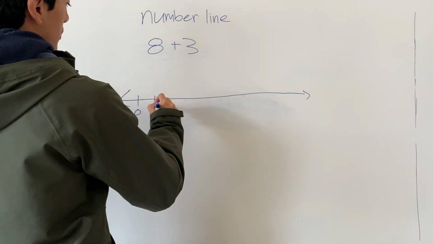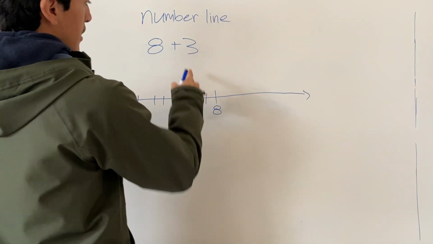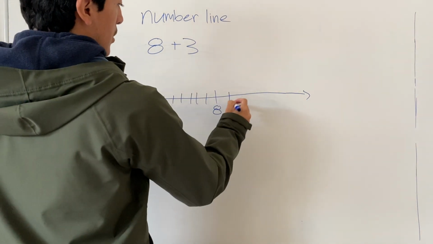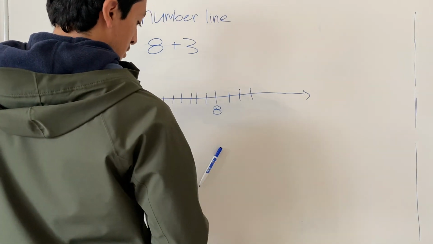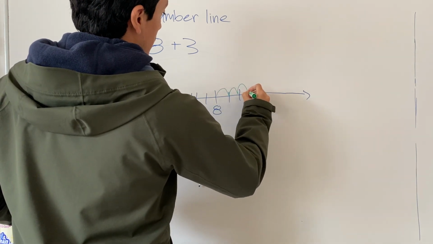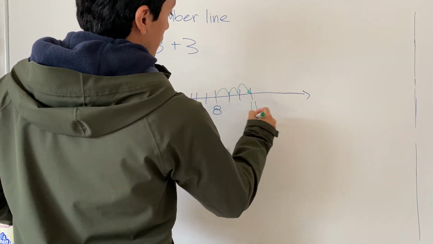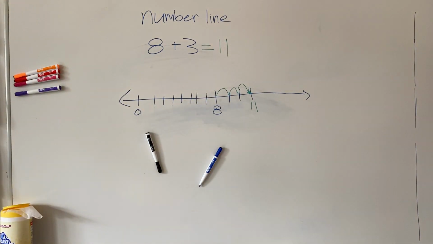Start off at 0. 1, 2, 3, 4, 5, 6, 7, 8. 8 is right there. I'm going to add how many? 3. 1, 2, 3. So I make my jumps, do it in green, 1, 2, 3. What's my new value? 11. My answer is 11. Not too hard, right?